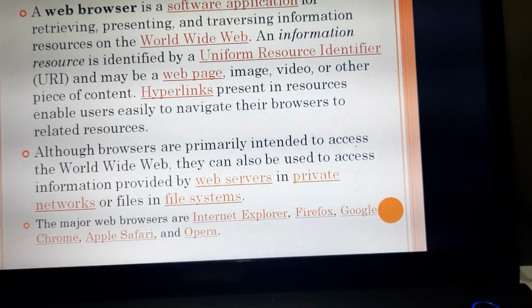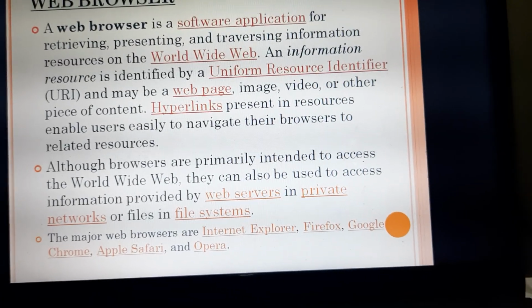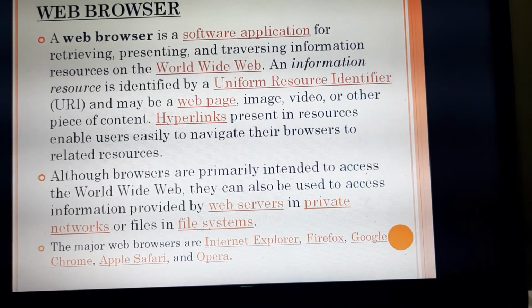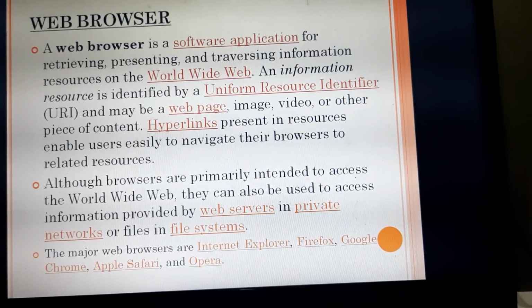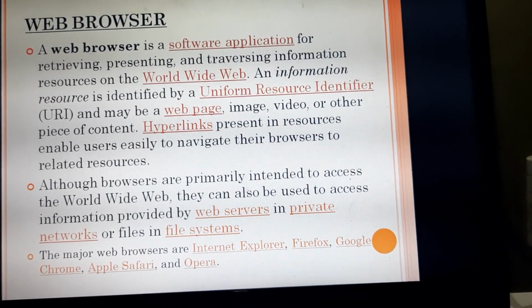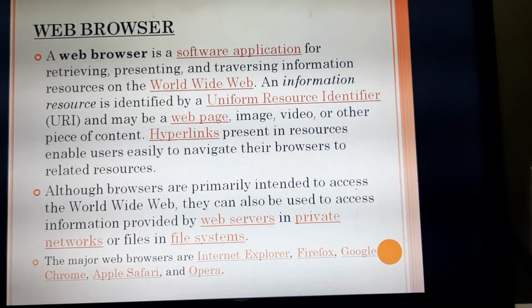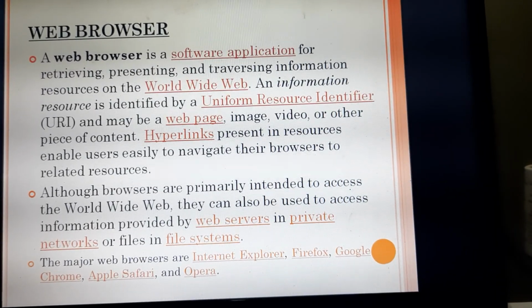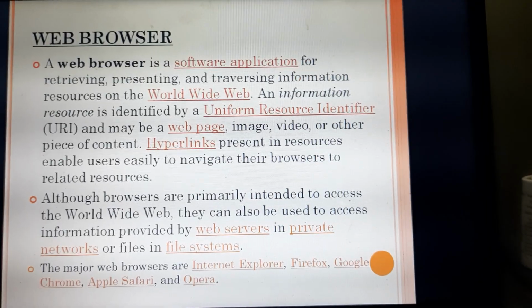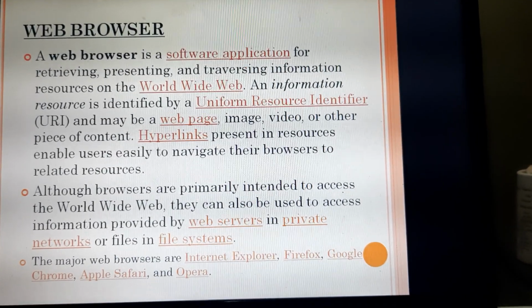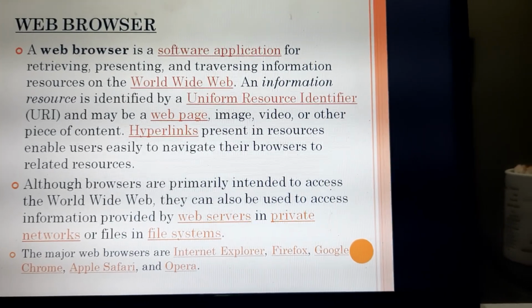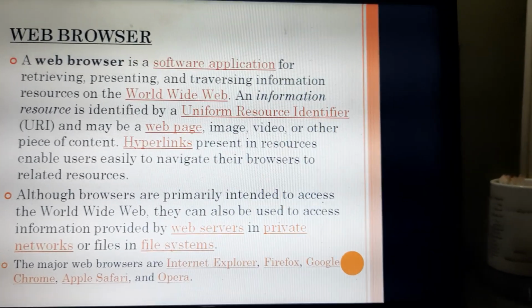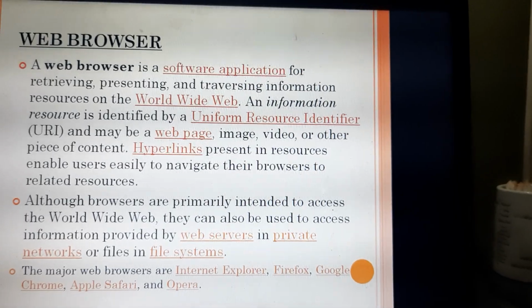The primary use of web browsers is to access the World Wide Web. They can also be used to access the information provided by web servers and private networks. If we have a private network, we can use the private network resources also with the help of web browsers.